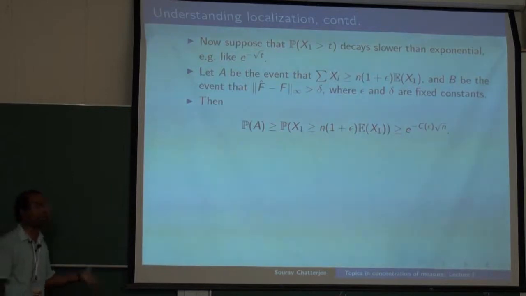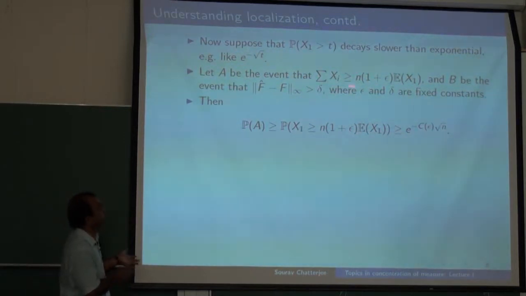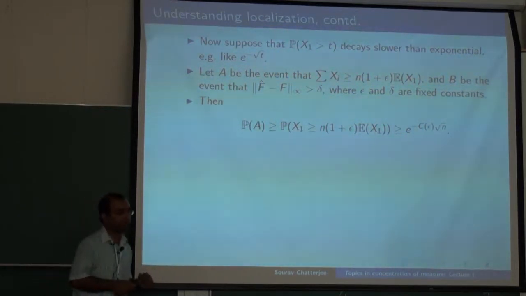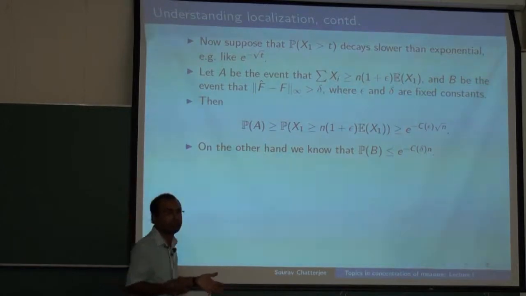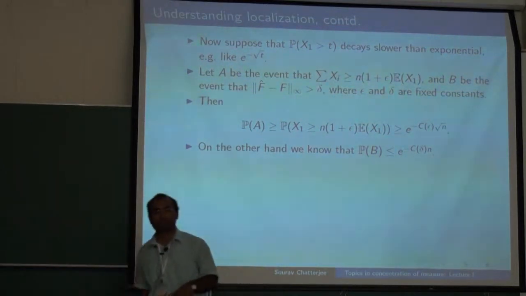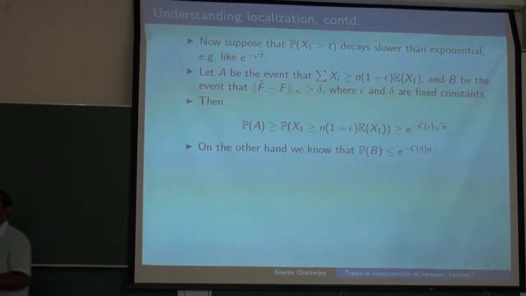So you get a lower bound on the probability of this rare event. However, the upper bound on the probability of B doesn't change. No matter what it is, it's a continuous distribution, it's still exponentially decaying in n.